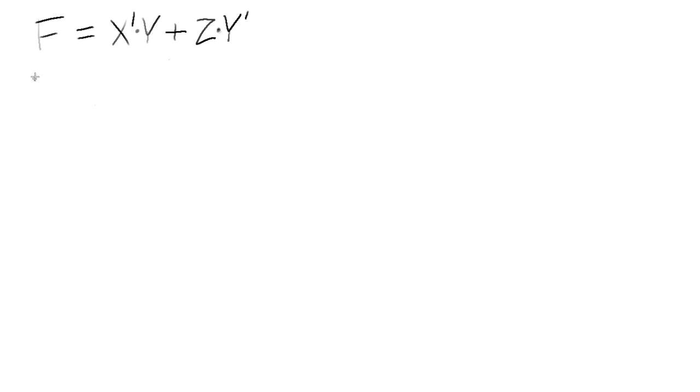So let's start off by just doing the complement of f here using DeMorgan's theorem. So what we need to do is write f prime, because we're taking the complement of f. So that's what this little prime symbol is. F complement, f not. And it equals, let's see what we've got here. So DeMorgan's theorem says that if we're taking the complement, we need to invert all of the literals.